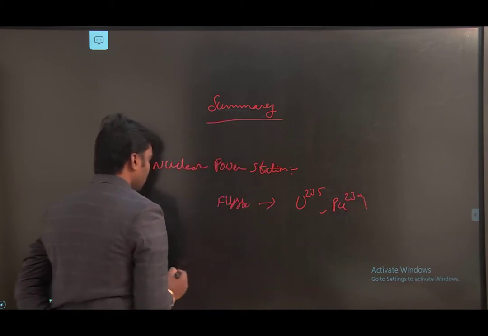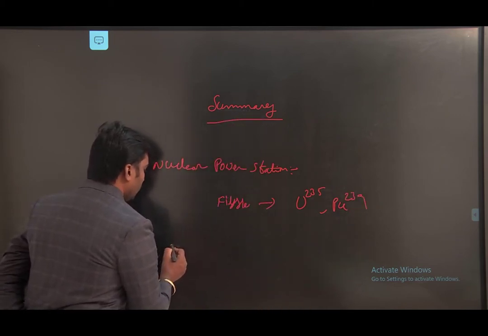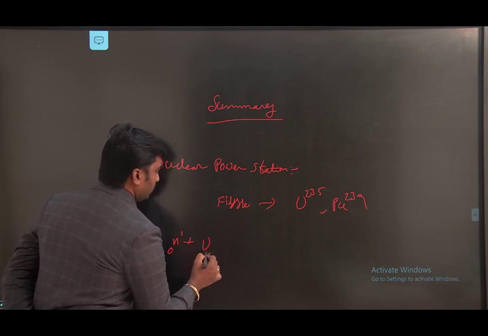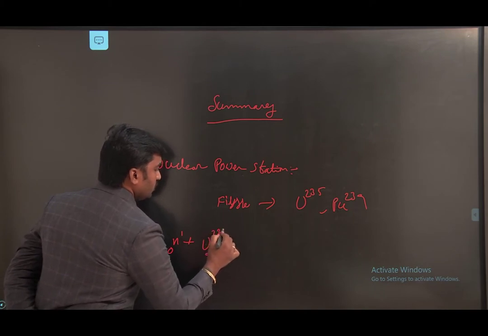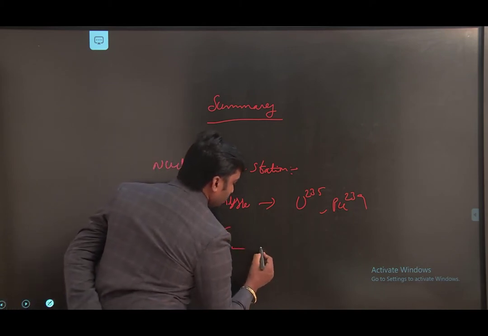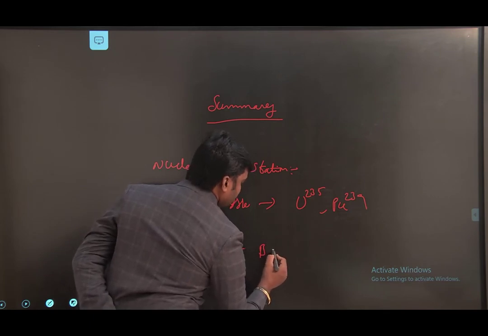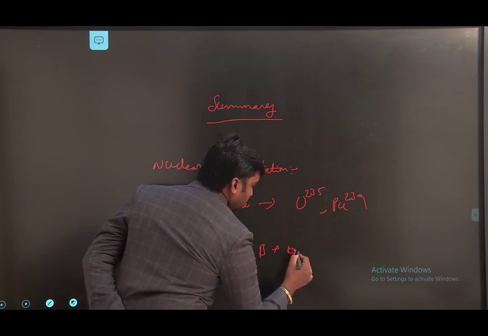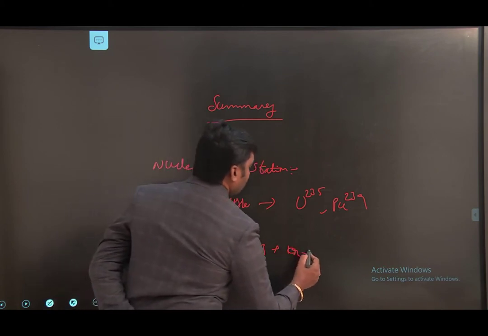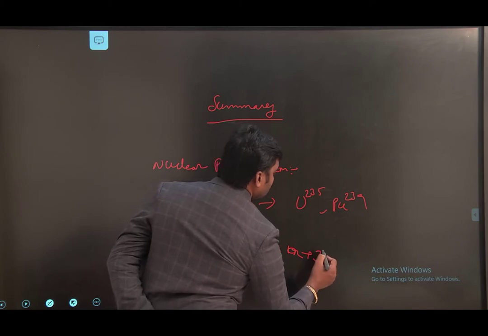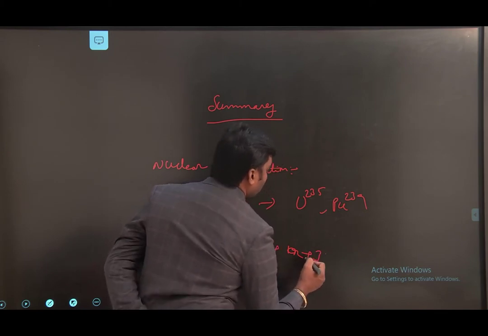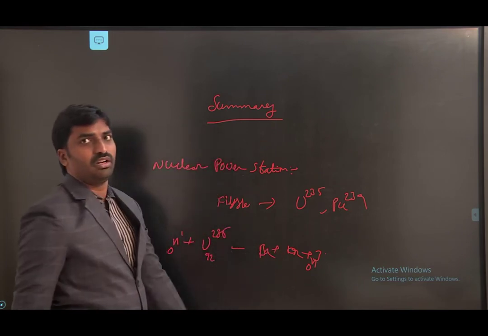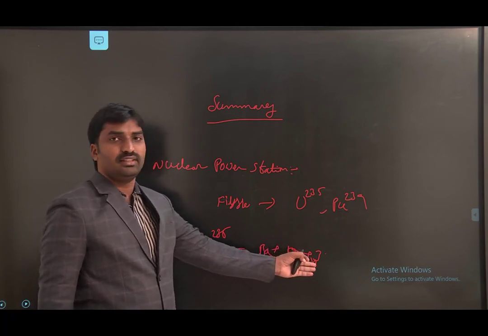So what happens with these materials? Uranium 235 reacts with neutrons, and it splits into barium and krypton, and it releases 3 neutrons also.